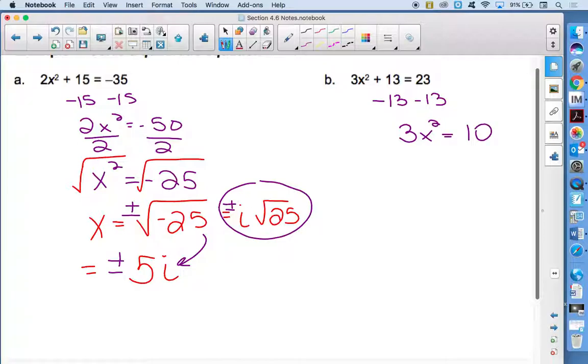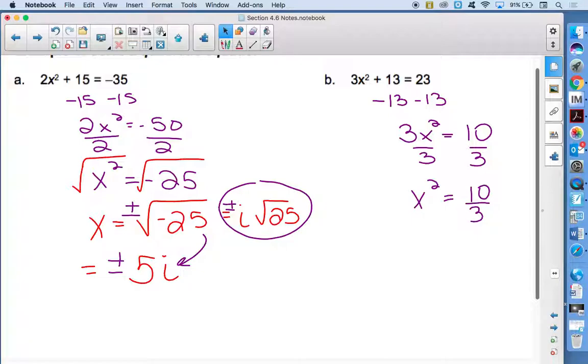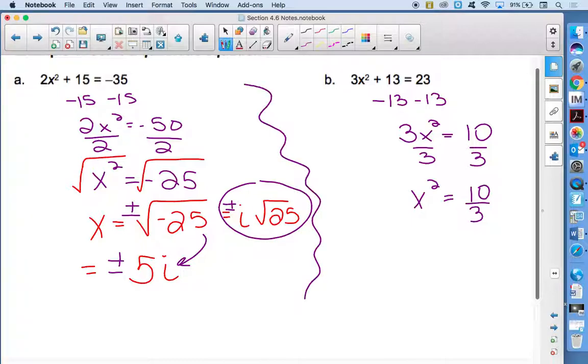So you would take the 13 to the other side, and then divide by 3. So now we have x squared equals 10/3. Emerson, what would you do next then? You would, I guess you just square it out. Yeah, square root both sides.